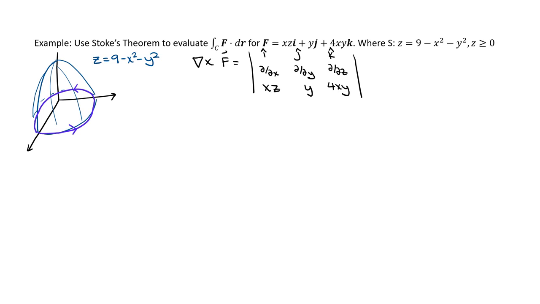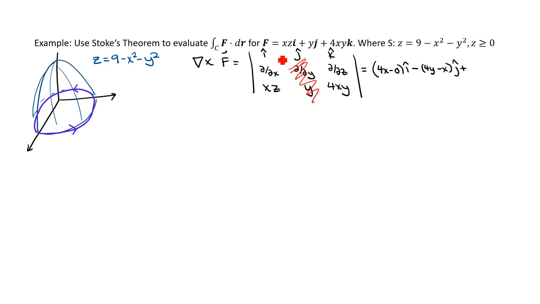All right, I'm going to set up my surface integral using Stokes' theorem. So the first thing I have to do is find the curl of my vector field. So I set up my determinant notation for del cross F. So I'm going to go ahead and find the derivative of 4xy with respect to y. That's 4x. Derivative of y with respect to z is just 0.